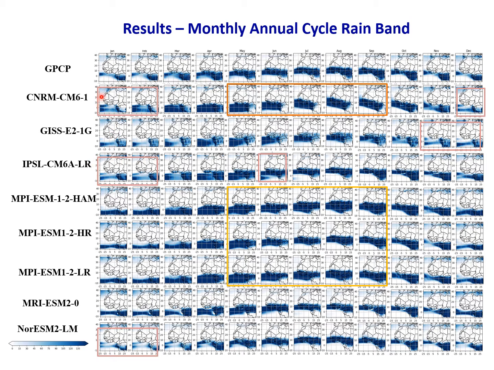And then in certain cases like this one, we have a secondary rain band simulated in the models, in this case and these cases.